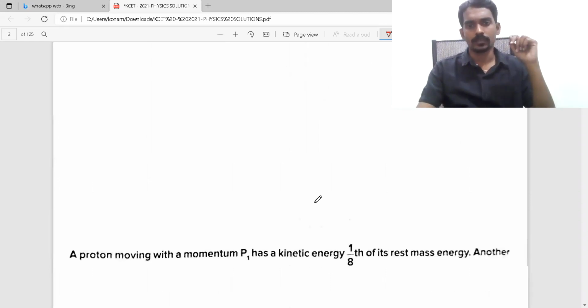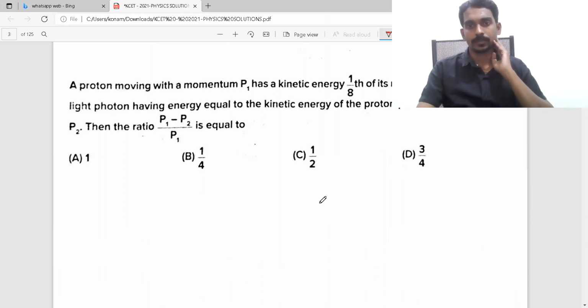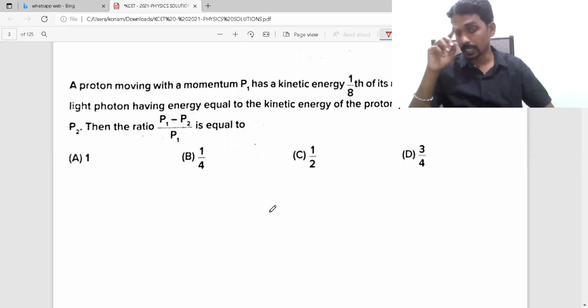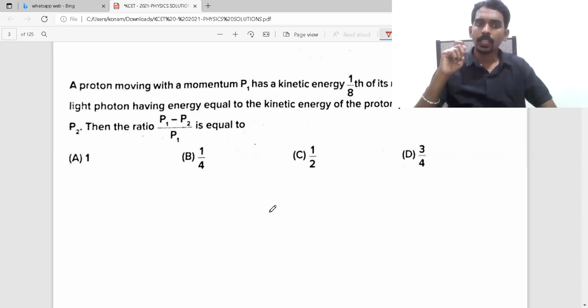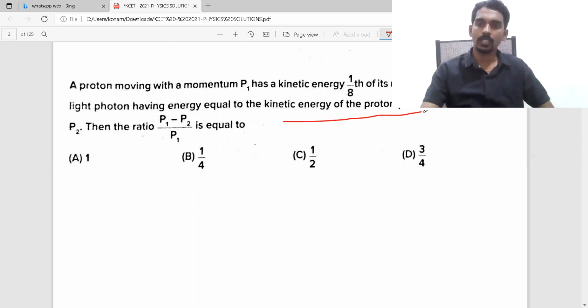Now, next question. All these first questions are modern physics based. Here, a proton moving with momentum p1 has a kinetic energy 1 by 8 of its rest mass energy. Another one is a photon; it's a particle, but an imaginary particle that does not have any rest mass, whose kinetic energy is also equal to the kinetic energy of the proton, and its momentum is p2.